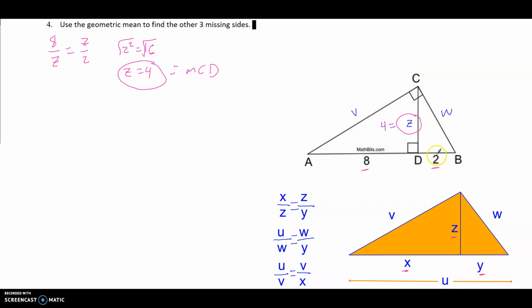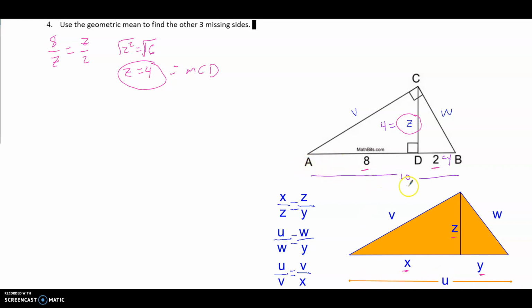So that corresponds with 2 over here. And then U is really the entire length of AB, which is what I have down here. So U is this entire length right here.